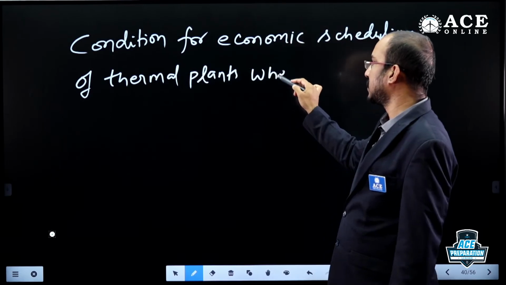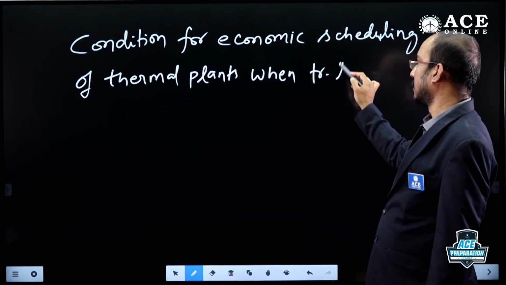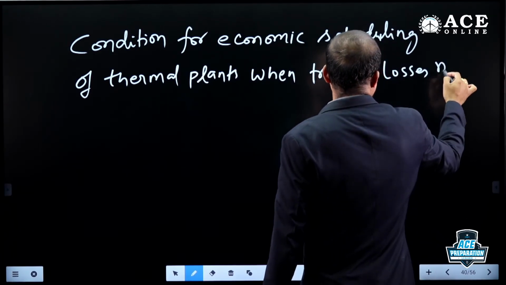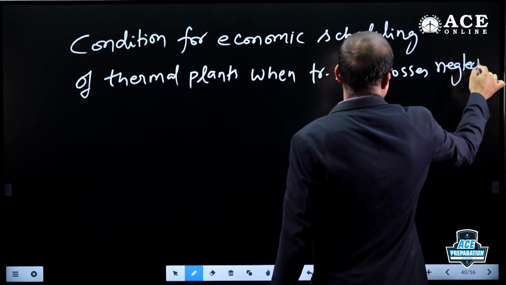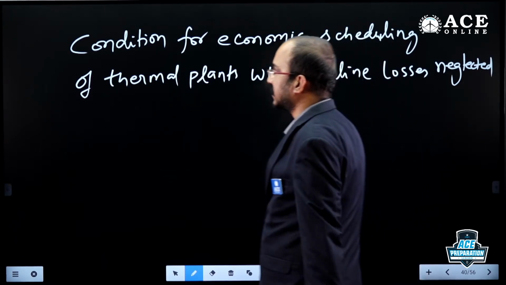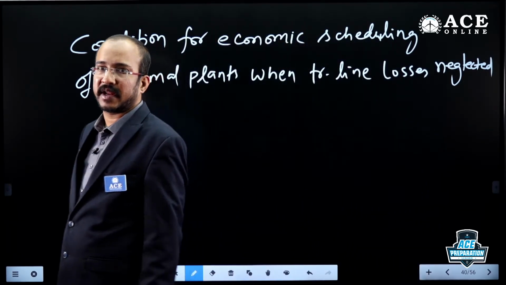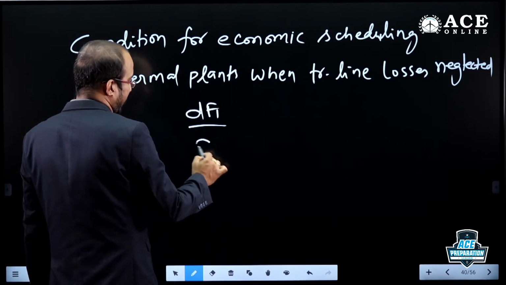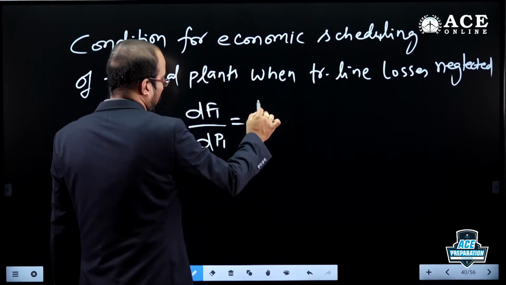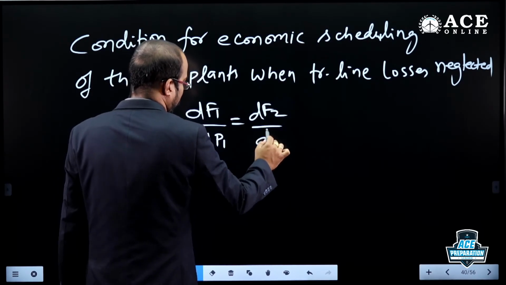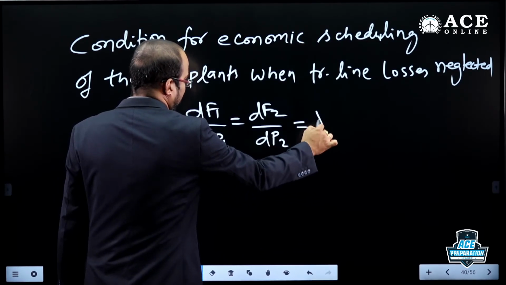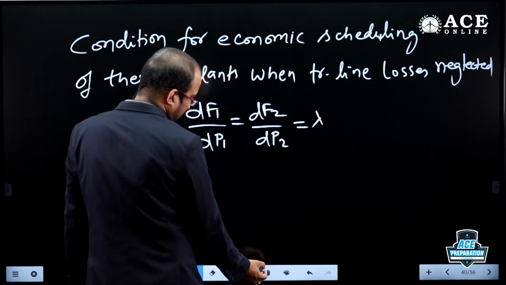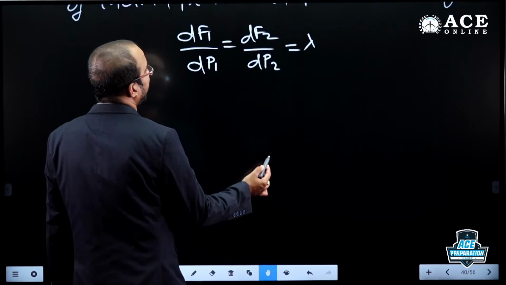So when you neglect the transmission line losses, what is the condition for economic scheduling? Here df1 by dp1 equals df2 by dp2 equals the Lagrangian multiplier lambda. So we can use this condition and calculate the values of P1 and P2.